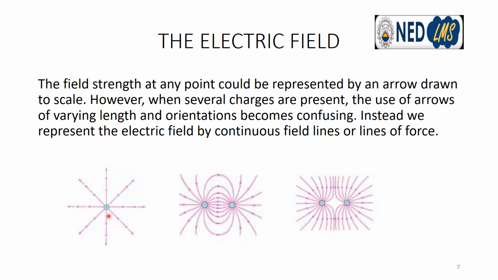If we have one charge, okay, and if we have two charges of unlike sign, meaning a positive charge and another charge that is negative, then the electric field will be created in this configuration.